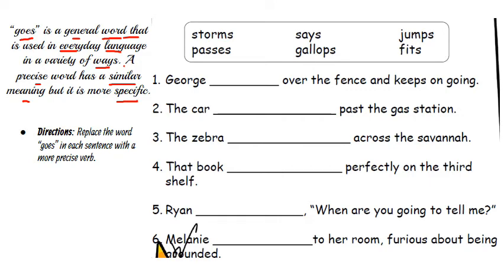If you look here, I can say George goes over the fence and keeps on going. The car goes past the gas station. The zebra goes across the savannah.